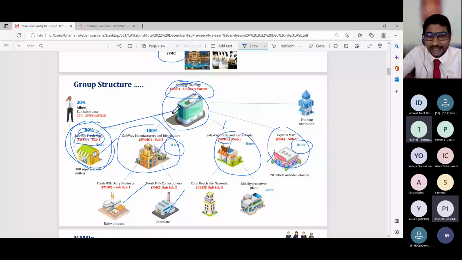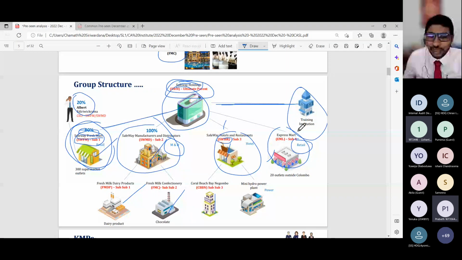Other than that, in this group we have a training institution which is a non-profit venture, mainly targeting youth development and employment training for some underprivileged youth in maybe rural areas. And in the Safeway hotel segment, we have some diversification, even though it is a hotel segment: a mini hydro power plant.